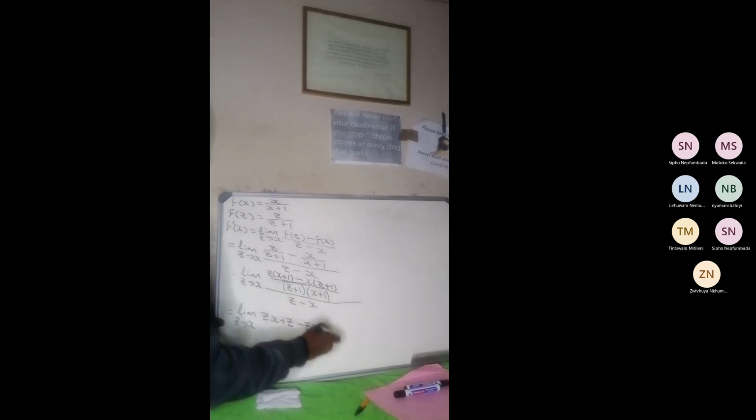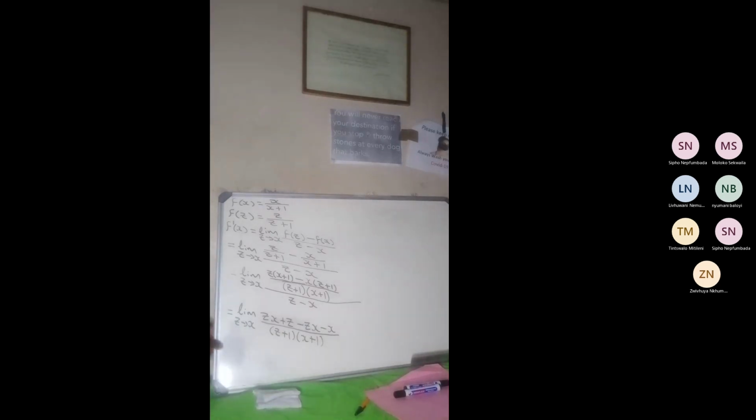Negative x multiplied by 1 is negative x. All of this we are dividing by z plus 1 and x plus 1. But this thing is nothing but all divided by z minus x. So are we good on that stage?